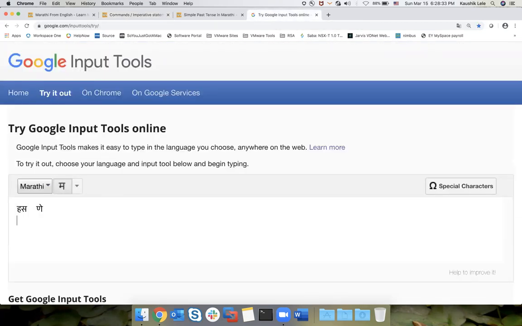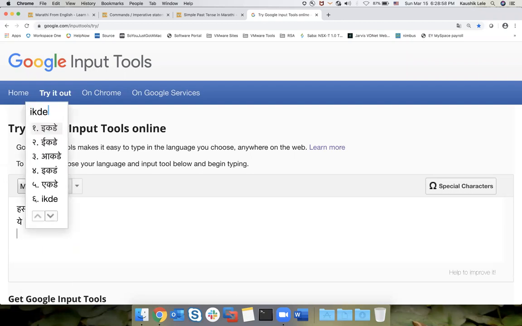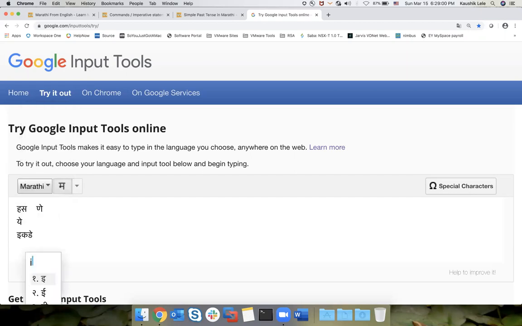To come is yene. So how will you say come here and do not come here? Ikade yeu nakos. So here or this way will be ikade. There are two words, ikade and ithe. Oh yeah, there was a difference.